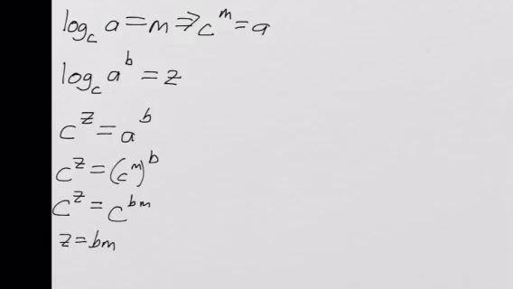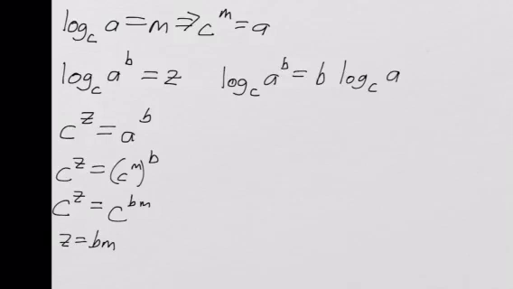And now we know what m is, and we know what z is, so we have log base c of a to the b is equal to b log base c of a. So that's how we get the power rule.